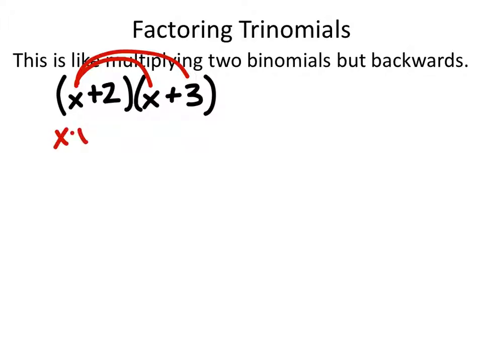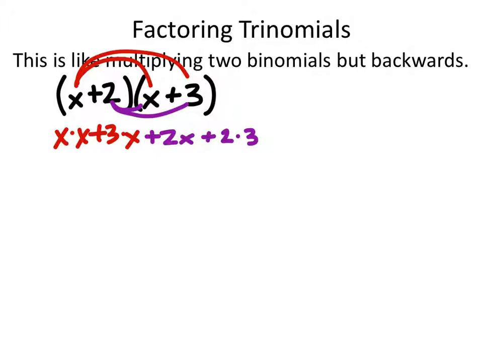So that's x times x plus 3 times x. And then I've got to distribute the 2 into the other set of parentheses as well. Now, the reason why I don't call this FOIL is because if one of these were a trinomial, then I don't know what they call it, other than distribution. So I've got that 2 times x, positive, and then I've got the 2 times 3.